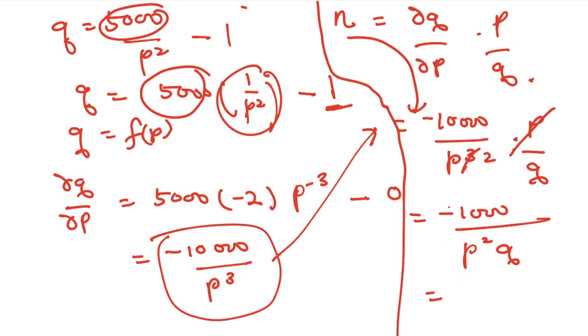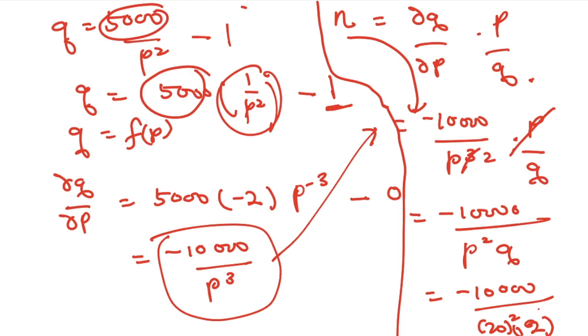Here, what you get is minus 10,000 times 20 square and then 12. You get me? That's it.